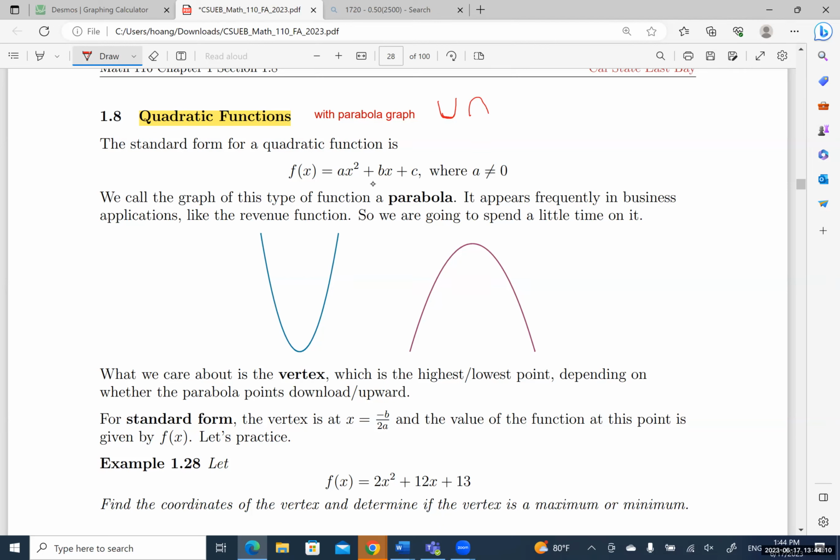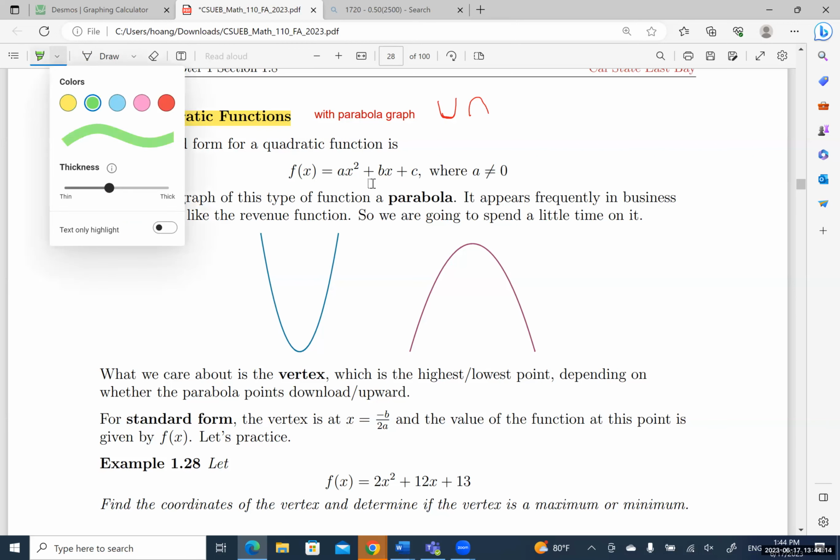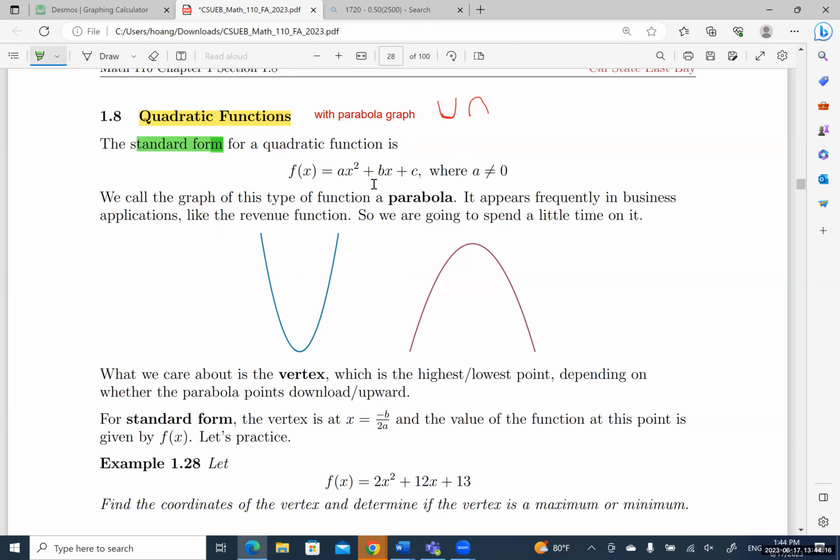So I would like to first start with the standard form of the quadratic function. The standard form of a quadratic function is f of x equal to ax squared plus bx plus c, where a is not equal to 0.